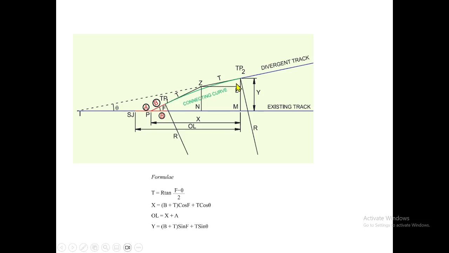Being a small curve, we can follow the small curve setting method. I have already uploaded one video on setting of the curve, that you can also go through. A simple way of setting of the curve is there, by offset from chord or successive bisection of arcs. Using those methods we can set out the curve. Okay, this is the way.